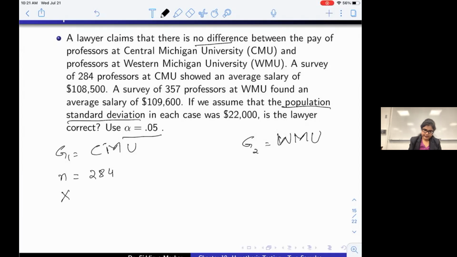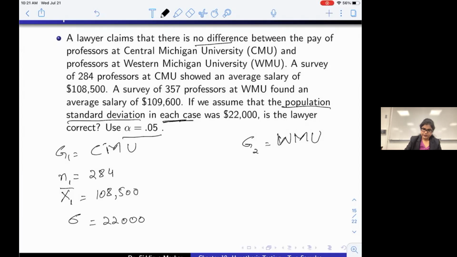And on average, the sample average is 108,500. They found their salary is like this on average. And for sure, we do not have a sample standard deviation in this case, because for both cases, they say that the population standard deviation is given. So X1 is this one, N1 is this one. Population standard deviation for both is the same, which is 22,000.